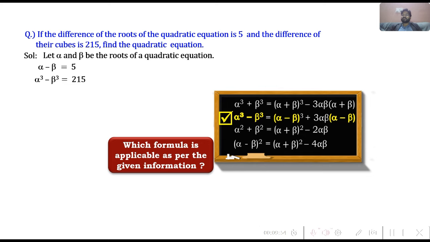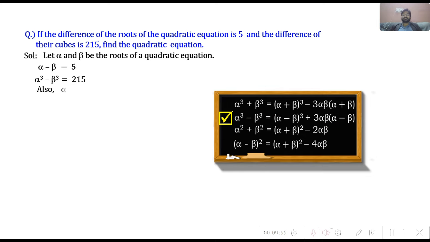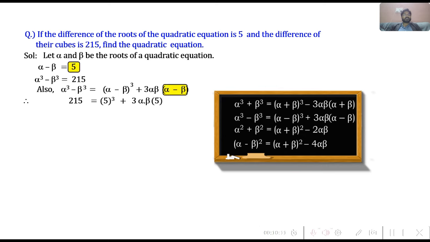That is a minus b whole cube plus 3ab into a minus b. So a cube minus b cube, which is 215, is equal to alpha minus beta whole cube, which is 5 cubed, plus 3 alpha beta into 5. So 215 is equal to 125 plus 15 alpha beta.